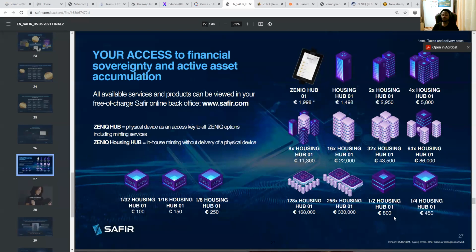All right, and of course you can also consider, depending on what you want to do, you can buy a fraction of this particular hub, and based on the fraction you can get 1 out of 2, that is half of this hub. You can get 1/4 of this hub, you can get 1/32 of this hub, of course 1 out of 16 and 1 out of 8 with respective price ranges. So that choice is for you as an individual.